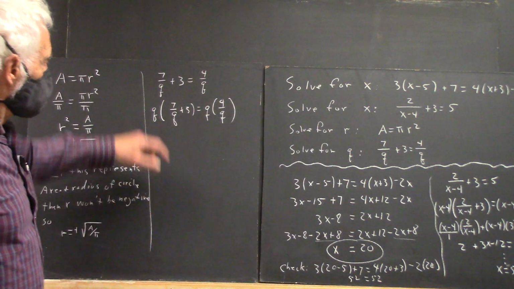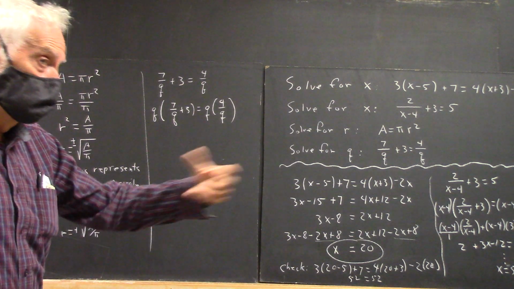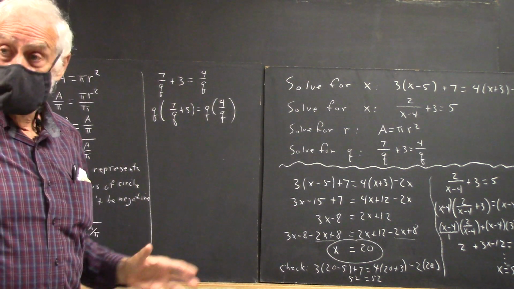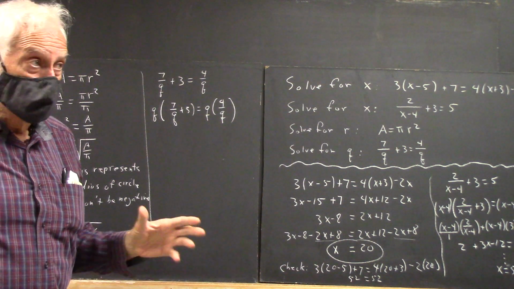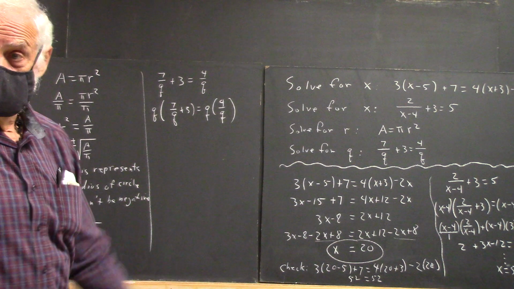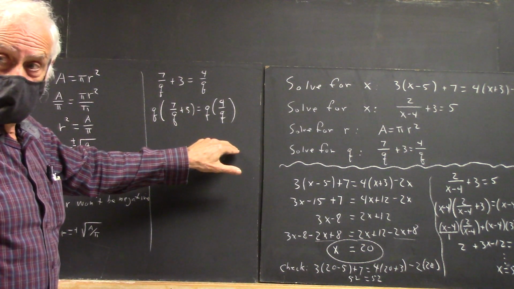Remember to do the step of multiplying both sides, not just the expression that you're focused on at the moment. Because it's real easy to just focus on, well, I want to get rid of that, so just multiply this by Q, and forget to multiply all the rest. Write this step out rigorously and carefully.